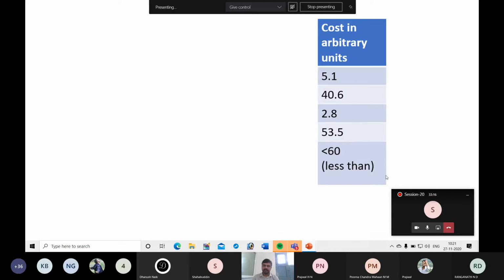We know the material which costs less is most preferable. So here in this case, material C is having least cost, that is 2.8. For 2.8 we can assign 9 and we can find out A, constant value.